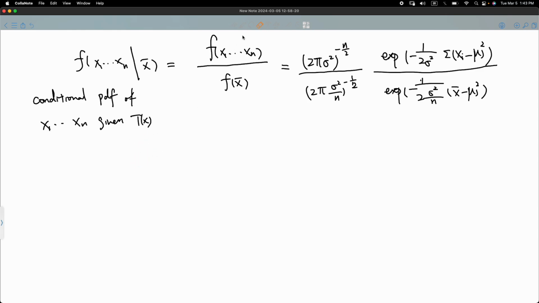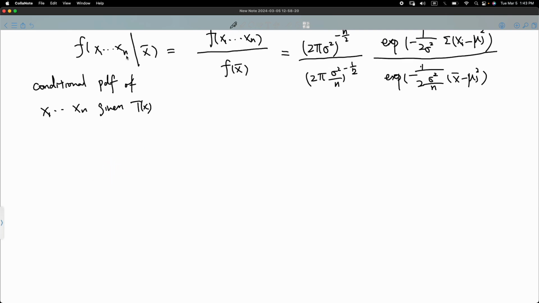So that conditional can be simplified to... okay, maybe let's just make comments here, and then I'll continue. Maybe this will help you in simplifying this division.